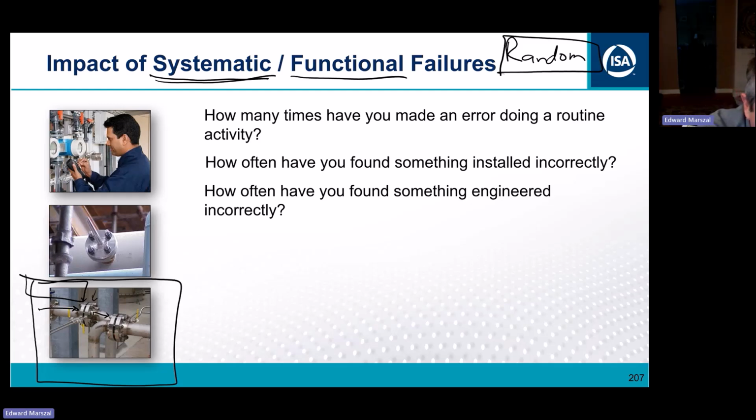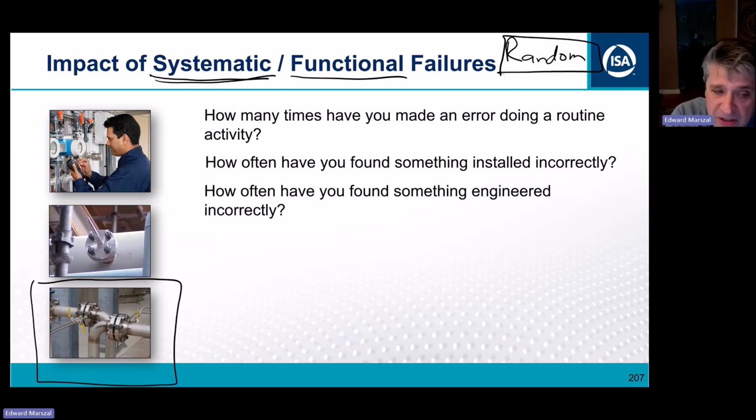So if you put an elbow right at the outlet of that orifice plate, you're not going to be able to correctly measure. There's going to be an error, a systematic error in your flow measurement because it was just engineered incorrectly. So, what's the probability that somebody made this mistake? What's the probability that it got through all the design reviews, including commissioning?